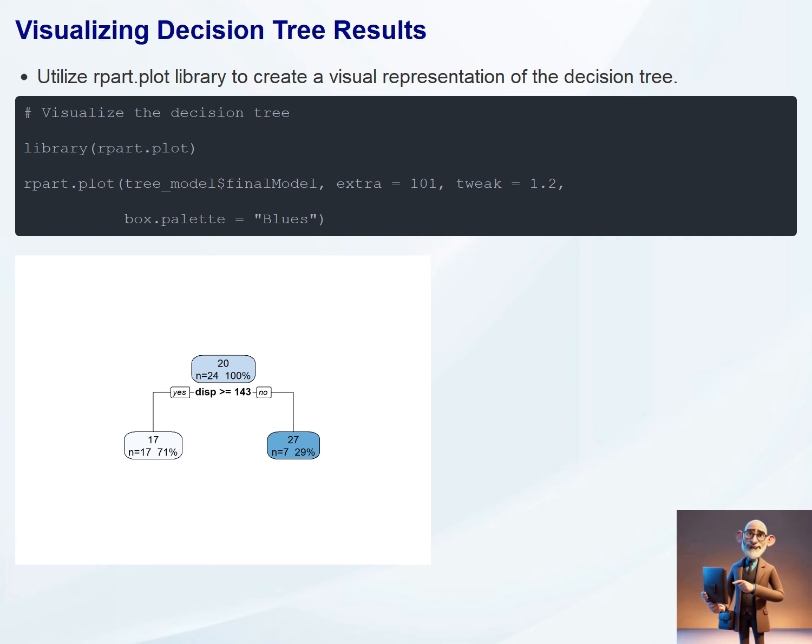Additionally, color-coded elements, such as the box palette equals blues, can enhance the visual appeal and help emphasize key aspects of the tree. Utilizing visualization tools not only aids in model interpretation, but also facilitates effective communication of complex structures, making decision trees more accessible to a broader audience.